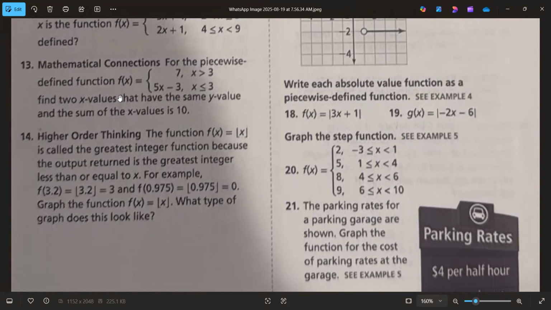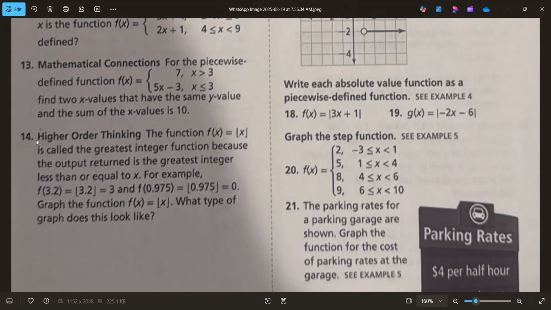They're asking to make it a piecewise one, so how are you supposed to do that?